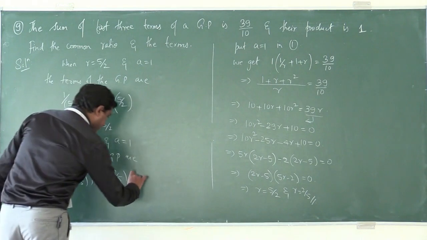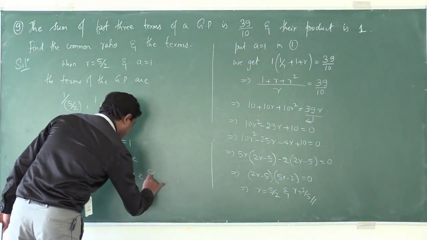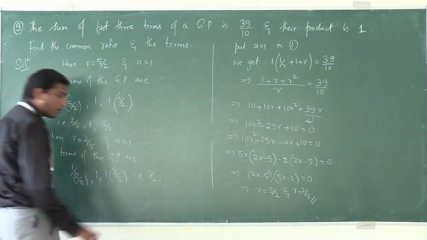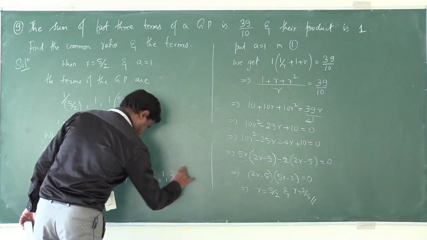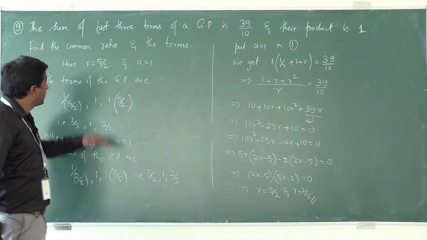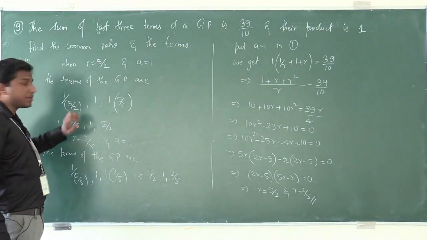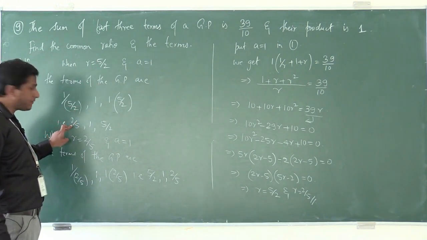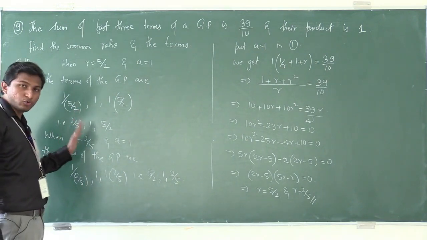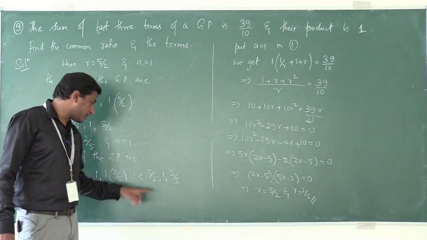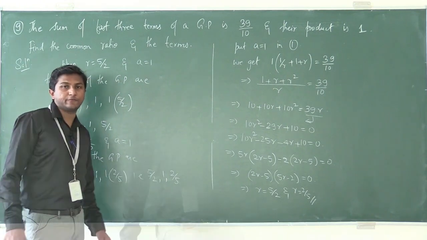On simplifying, we get 1 by 2 by 5 is 5 by 2, comma 1, comma 2 by 5. So when r takes the value 5 by 2, the terms of the GP are 2 by 5, 1, 5 by 2. When r takes the value 2 by 5, the terms of the GP are 5 by 2, 1, 2 by 5.